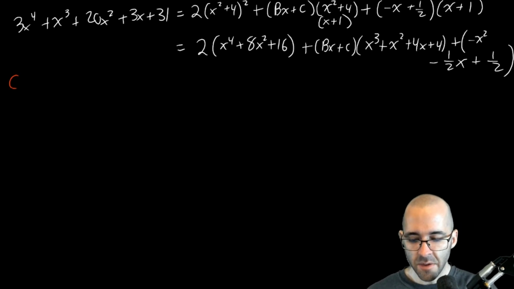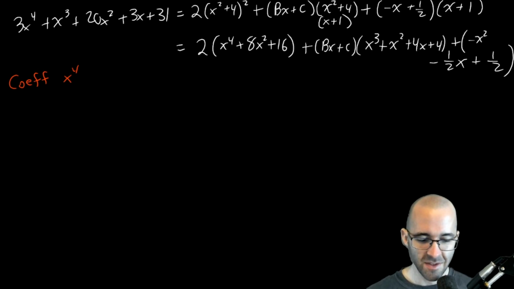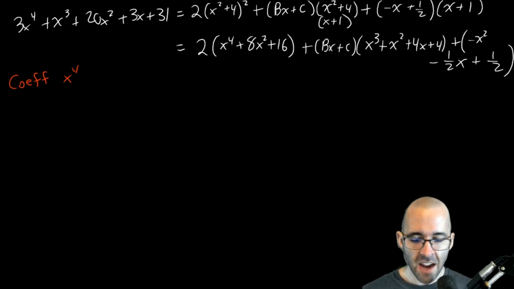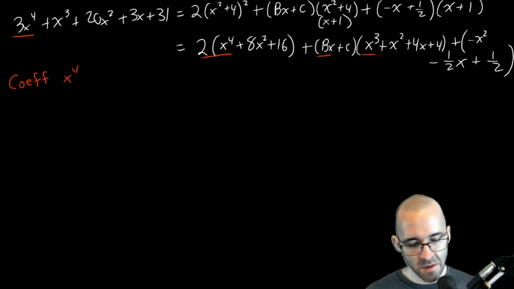Let's just look at the coefficient of x to the fourth. Why did I do that? I want the highest coefficient possible because that's going to be fewer terms, probably. And then let's look at all the x to the fourths. We're going to have a 2x to the fourth here, a bx to the fourth, and I think that's it.